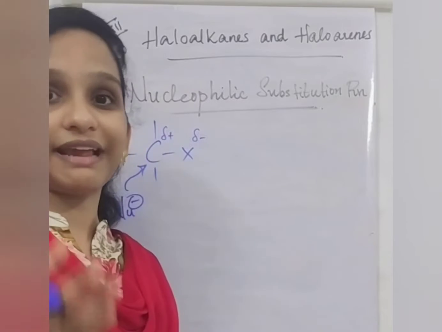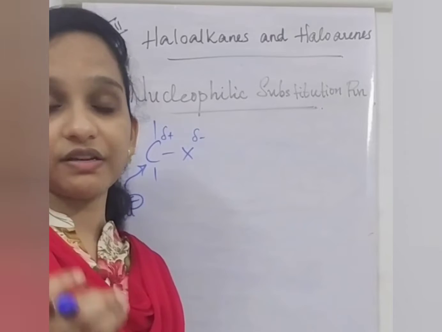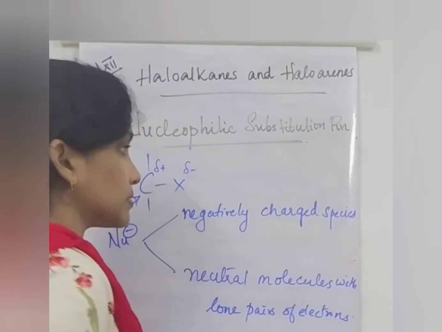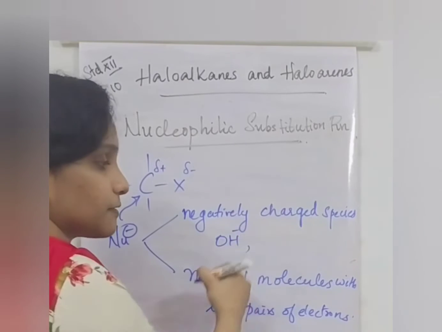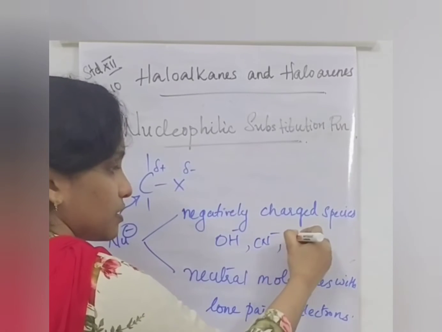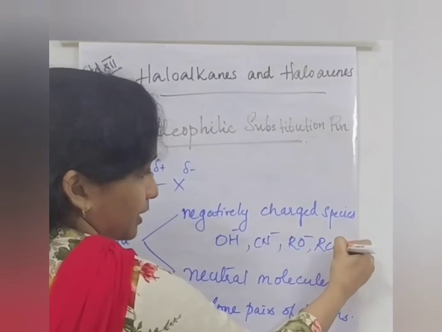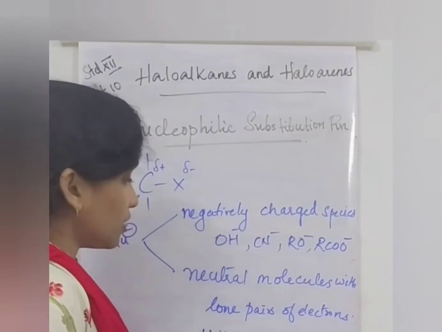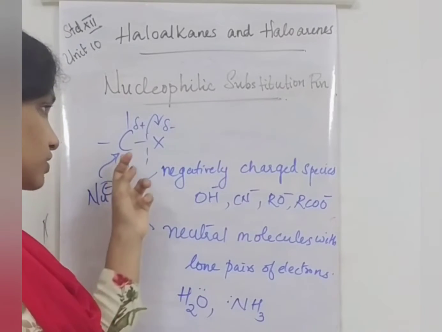Nucleophiles can either be negatively charged species or neutral molecules which carry a lone pair of electrons. Negatively charged species, for example, are OH minus, CN minus, RO minus, that is the alkoxide ion, or RCOO minus, that is the carboxylate ion.